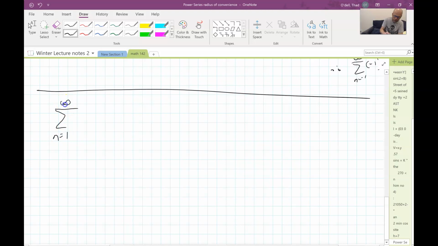The sum from n equals 1 to infinity of 2 to the n over n, times x minus 2 to the n. So the first thing you want to do when you're doing power series is ask yourself, what's the center? And you can see here that the center is 2.